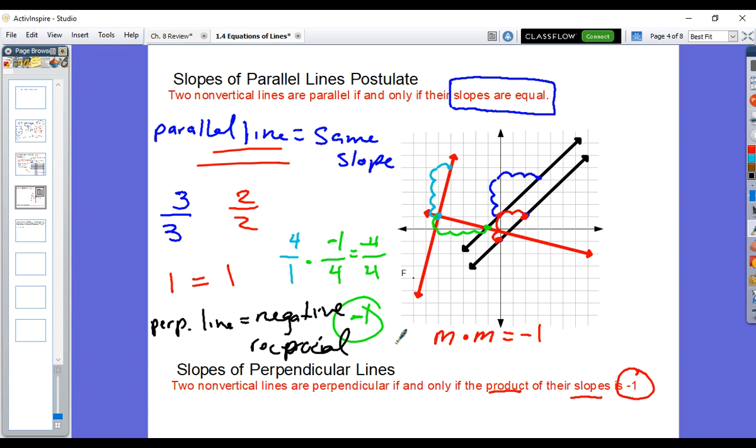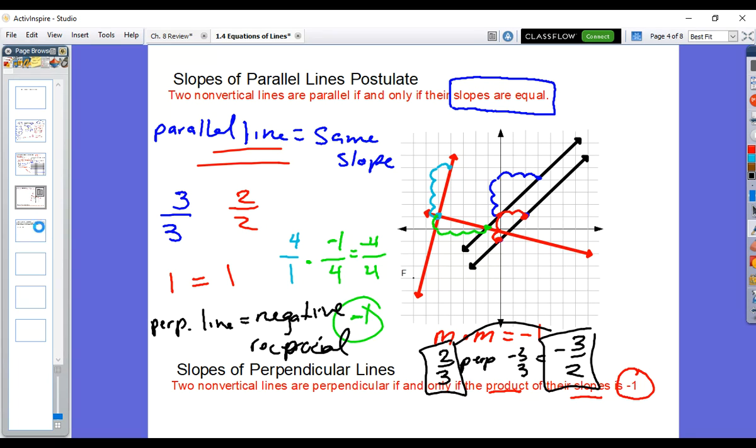That means if my slope is 2 over 3, and I want the perpendicular to that, I do a negative, so it'd be negative 2 over 3, and then the reciprocal of that, which gives me negative 3 over 2. So this slope and this slope are perpendicular to each other. They're negative reciprocals of each other.